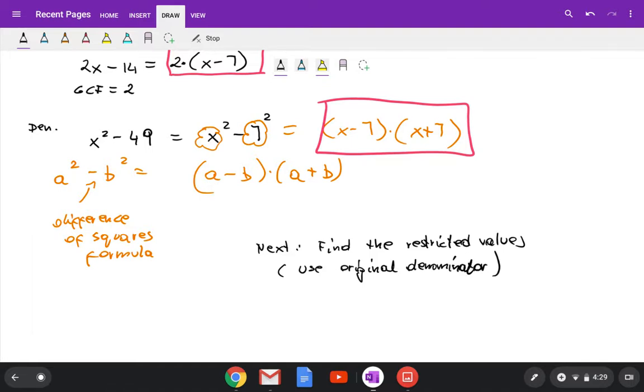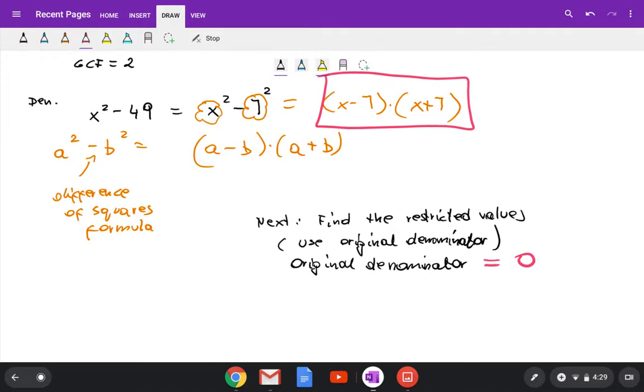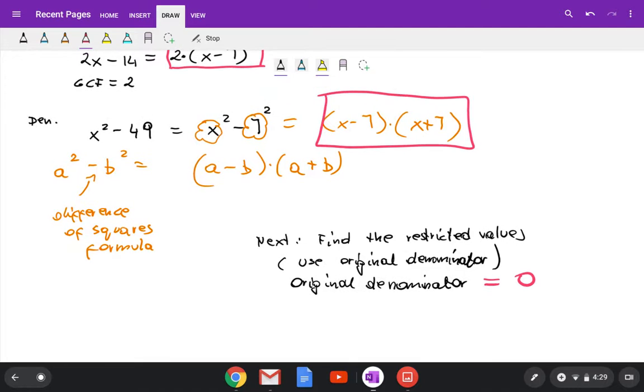So you're going to take your original denominator and you're going to make it equal 0. So you're finding the values for which that expression doesn't make sense. That's what we're doing here. So we have x squared minus 49, and we're solving this equation.